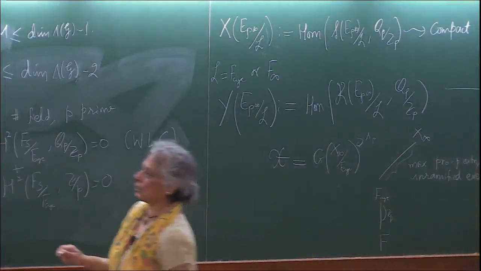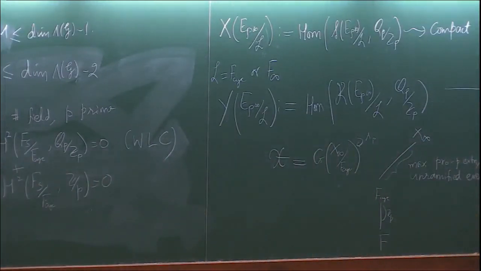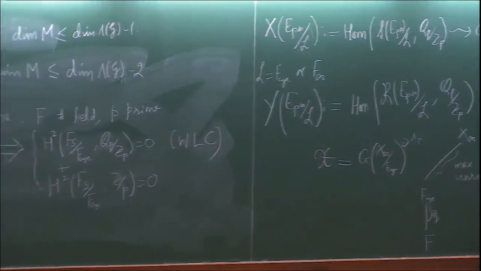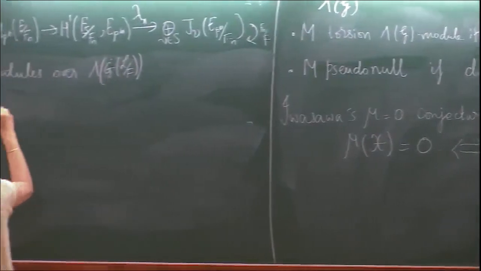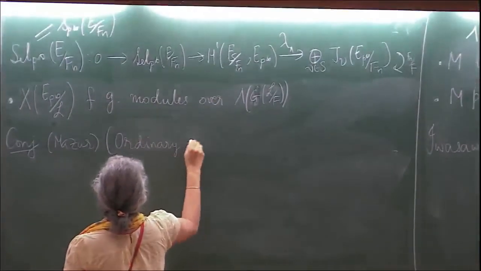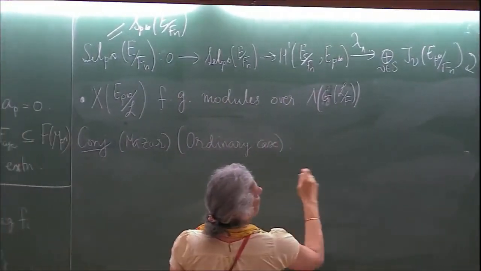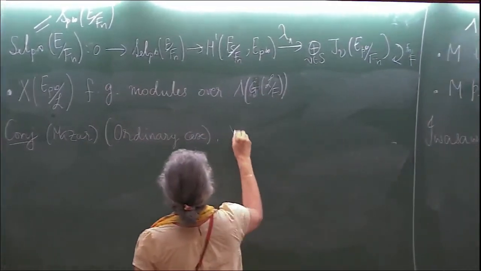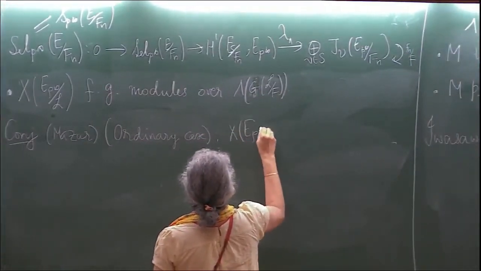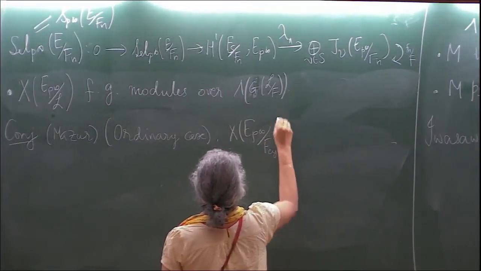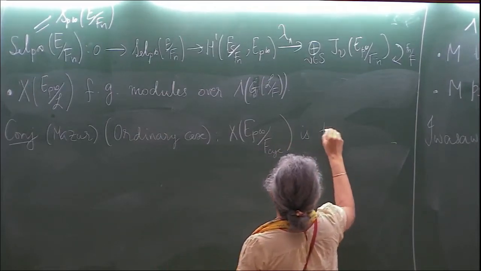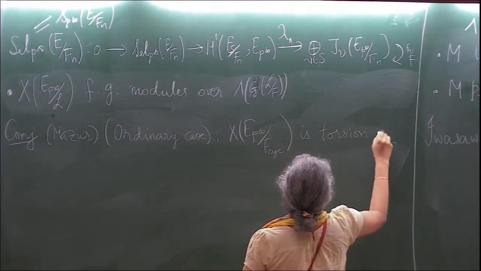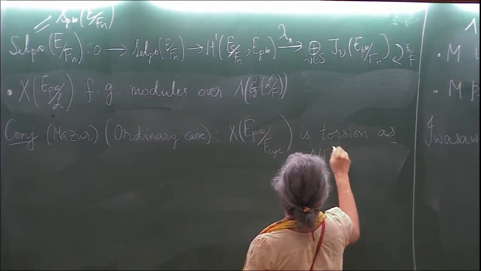This is a deep conjecture of Mazur, going back to the 70s or 80s, I think, who conjectured that in the ordinary case, X of E at p infinity over F cyclotomic, we know that it's finitely generated, but he conjectured that it is torsion as a Lambda Gamma module.